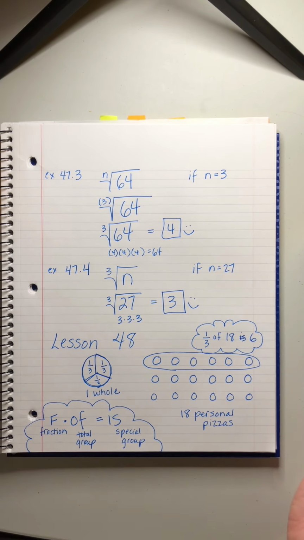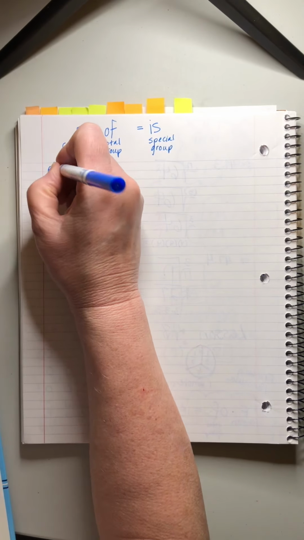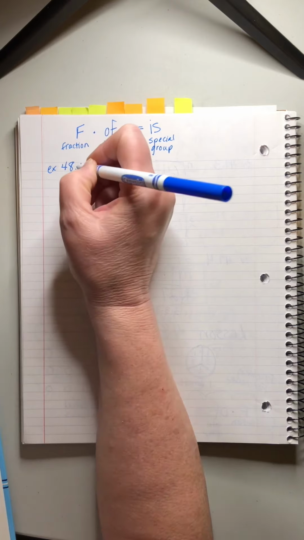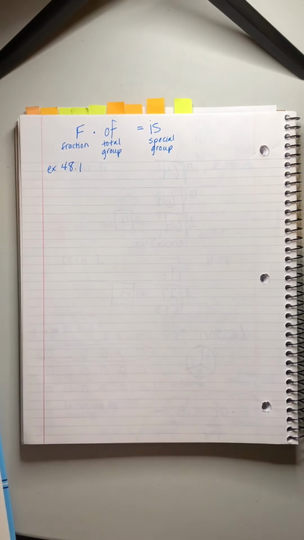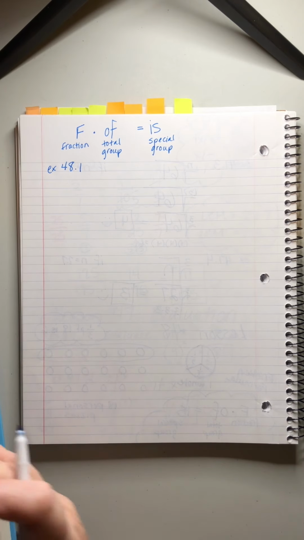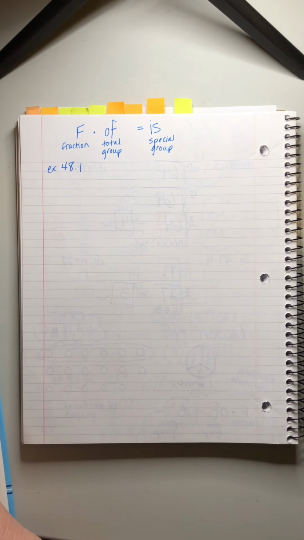What fraction, this is the first example, 48.1. What fraction of 75 is 25? Now, here's the way we do it. We take the problem and we write notes on it, and that will set up our problem for us. So I'm going to write this in shorthand. Watch what I do.